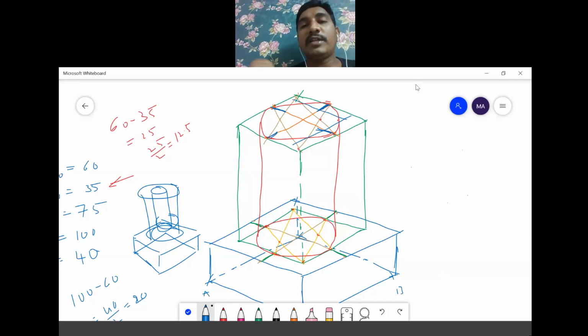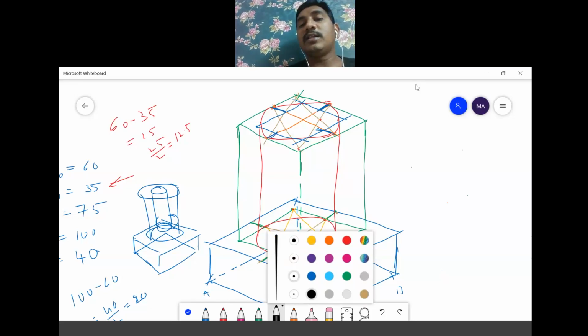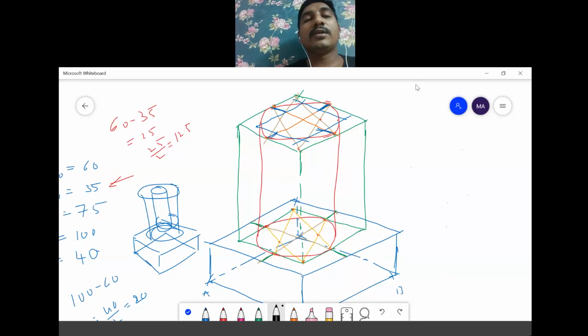These construction lines should be very light. I am drawing parallel lines. It will form a square here. Is it clear? It will form a square here. Again using the 4 center method. In this blue color square, I am drawing another circle. It is 35 mm.